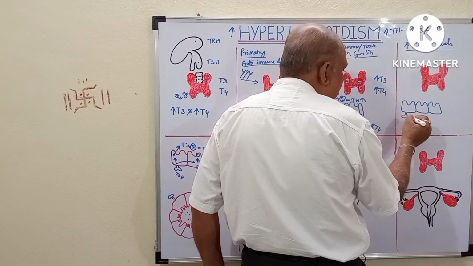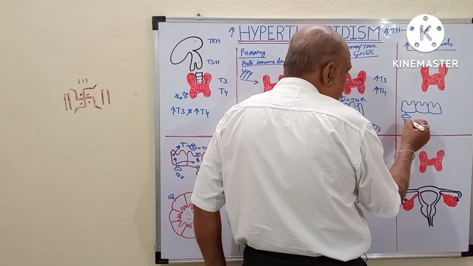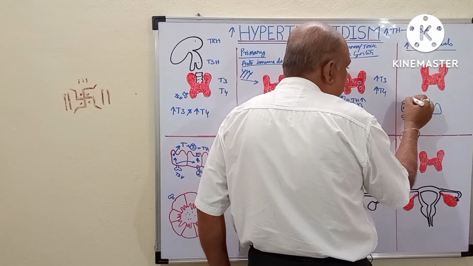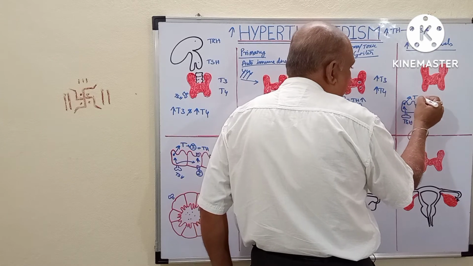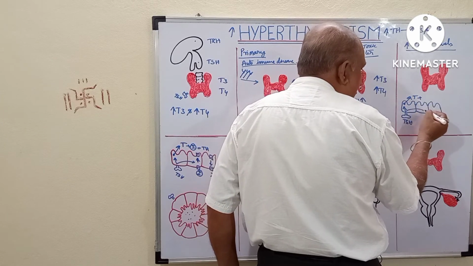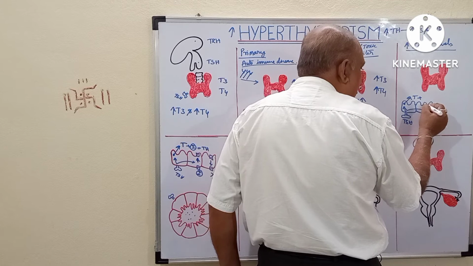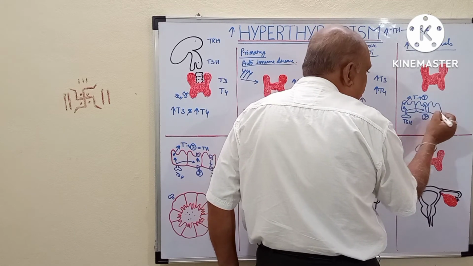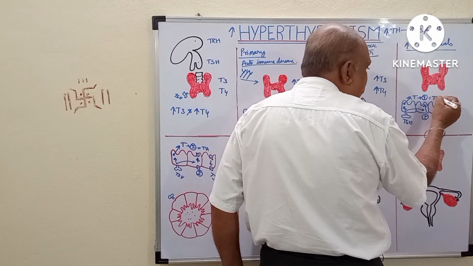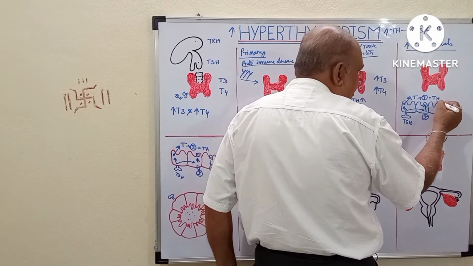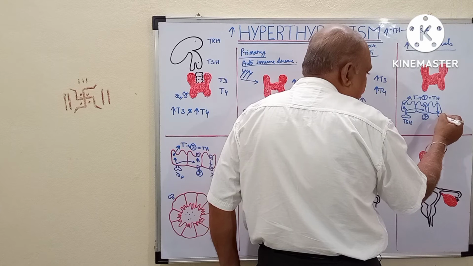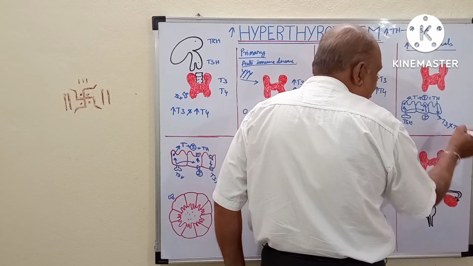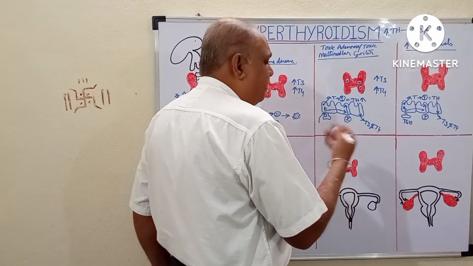This is our thyroid receptor, which stimulates thyroglobulin as well as iodine and gives rise to thyroid hormone formation, which goes back to the blood in the form of T3 and T4. This is a normal process.